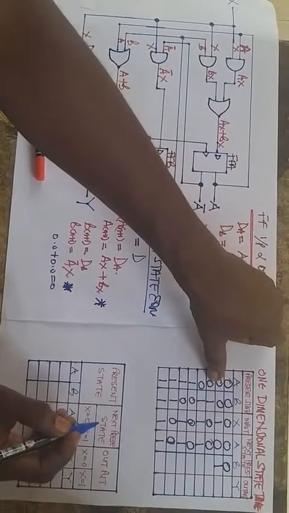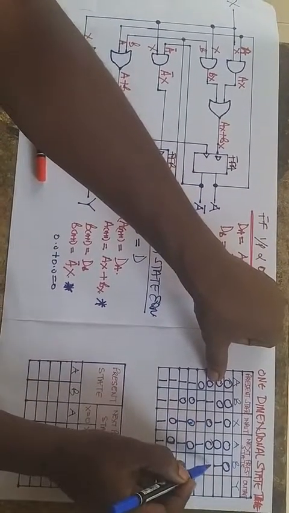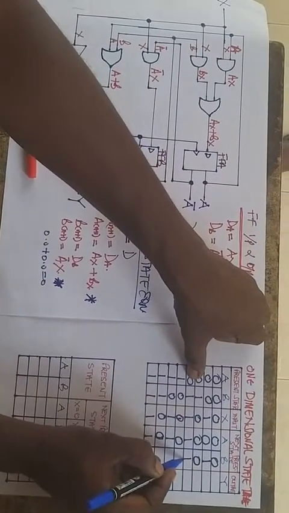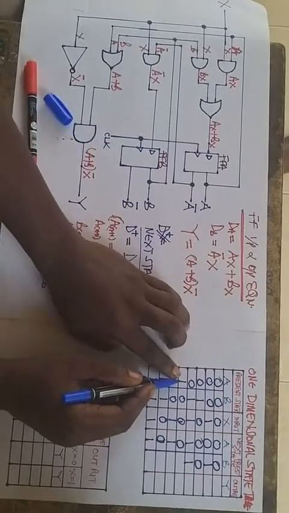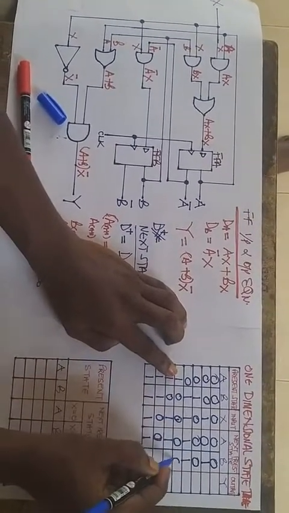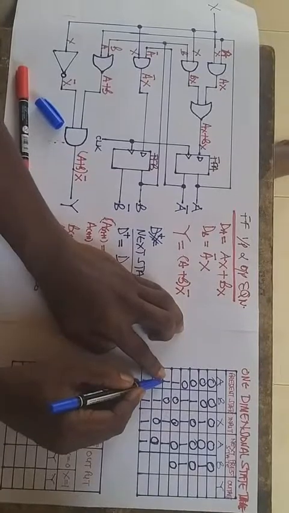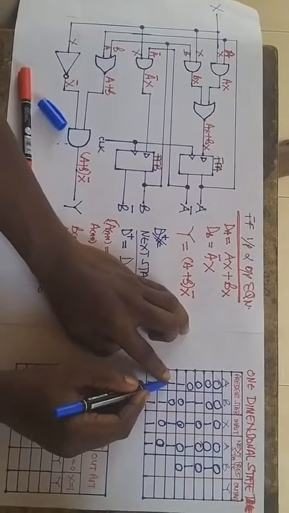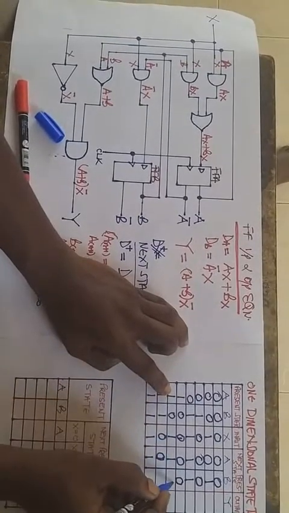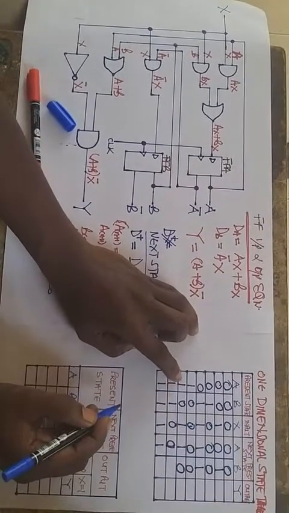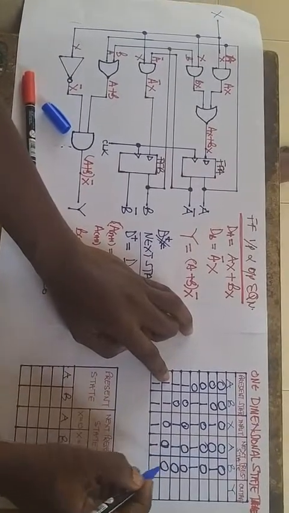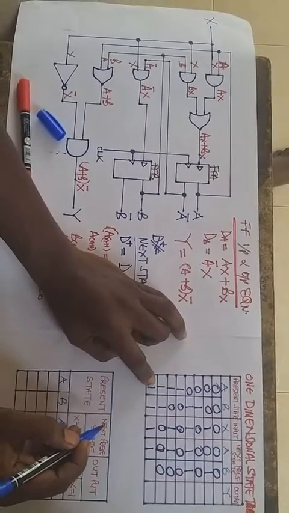Here A is 0, complement goes to 1, and 1 times 1 will be 1. Here A is 1, when I complement, it will be 0, and 0 times 0 is 0. Here A is 1, when I complement it, I get 0, and 0 times 1 will be 0. Here A is 1, the complement is going to be 0.